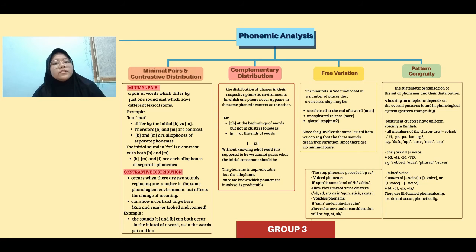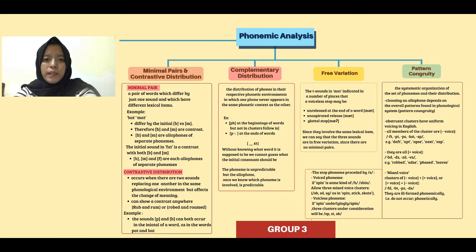However, if we are told that the blank must be filled in with a P sound, we know which one it will be: aspirated P sound. The phoneme is unpredictable, but the allophone, once we know which phoneme is involved, is predictable.